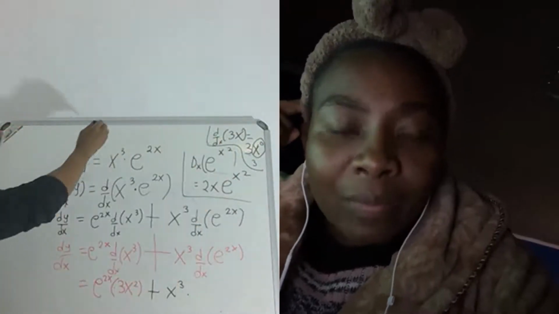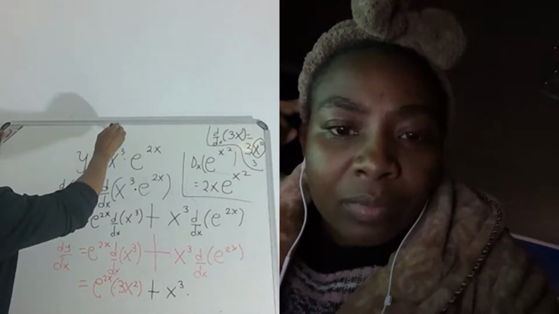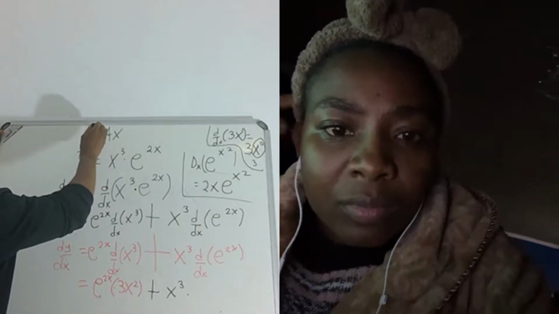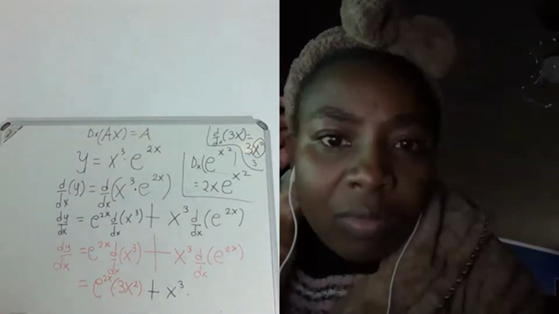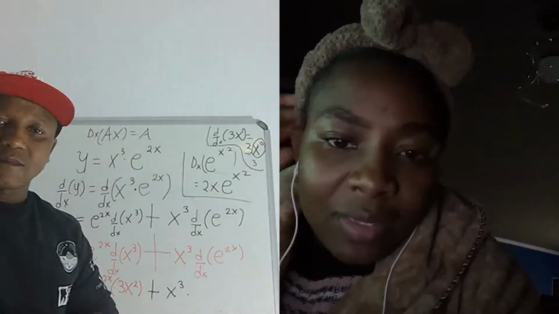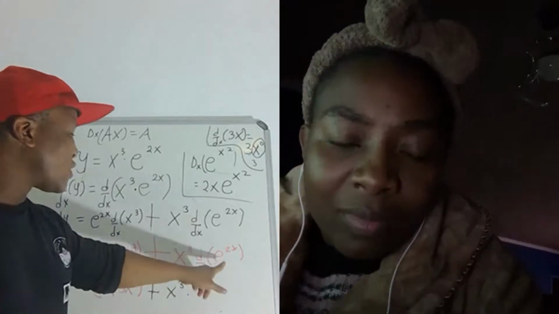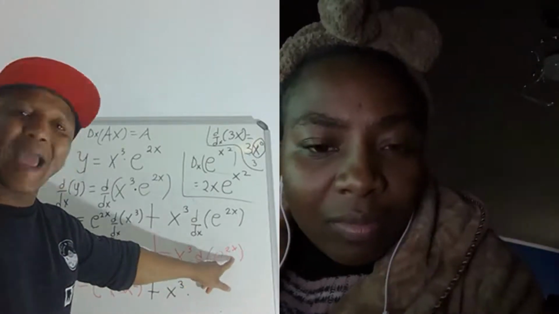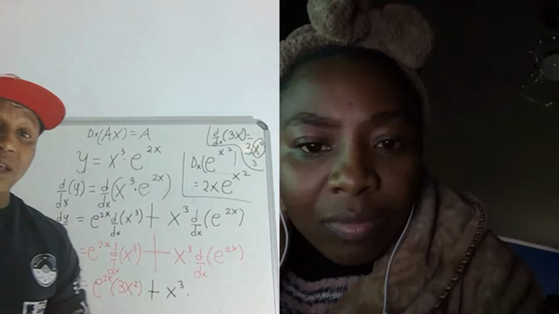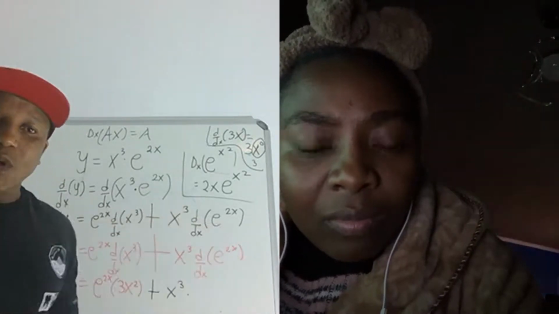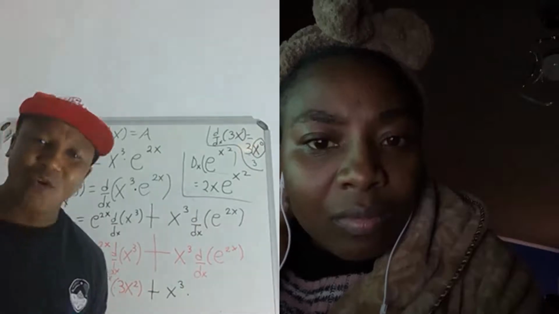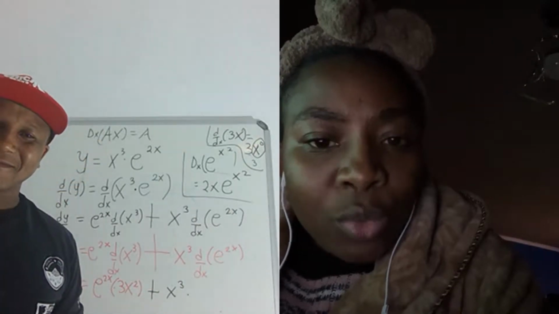If somebody gives you ax to differentiate, you get only a. So here, they say differentiate e to the 2x. I'm not going to stress about the e; my focus is only on 2x. When you differentiate 2x, it's 2.